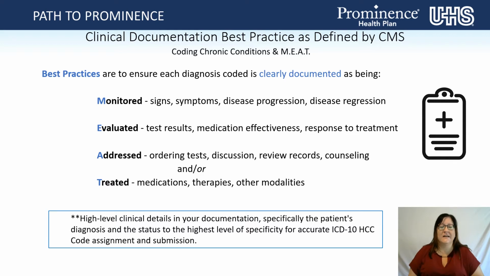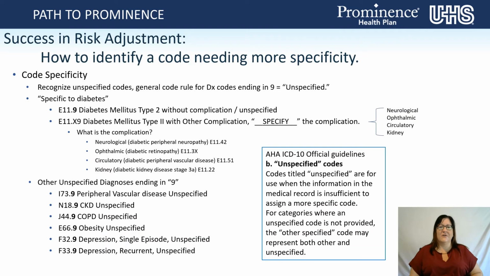Ensuring that you have high-level clinical details in your documentation, specifically the patient's diagnosis and the status of that diagnosis to the highest level of known specificity, allows for accurate ICD-10 HCC code assignment and submission on claims. How to identify a code needing more specificity?